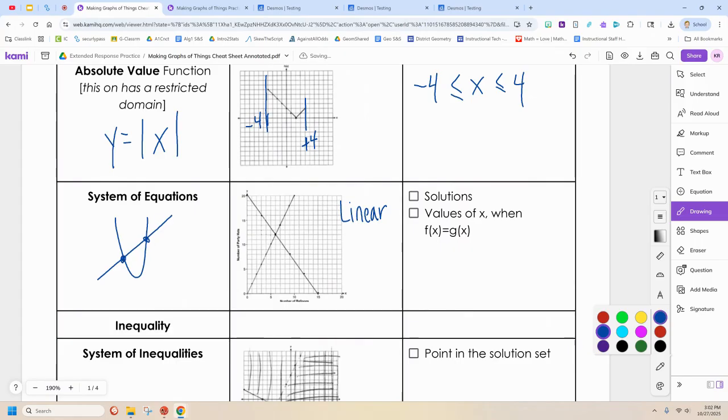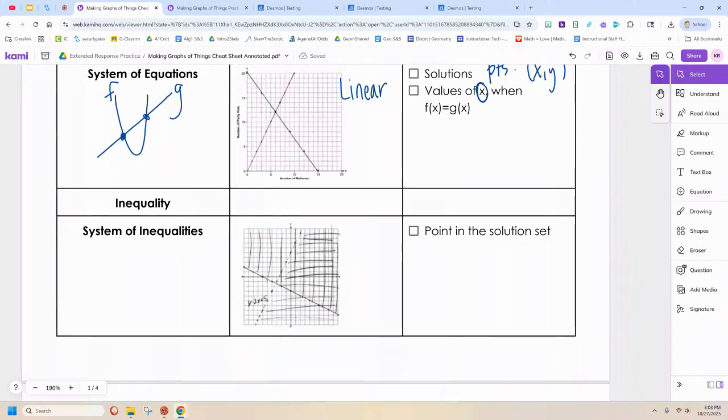So they might be asking you for the solutions, which are those pairs or points of intersection with both x and y, but sometimes they only want the x values. So they'll say, what are the values of x when the two functions are equal to each other? So for example, the quadratic is f of x and the line is g of x. And so there you're just giving a list of the x values.